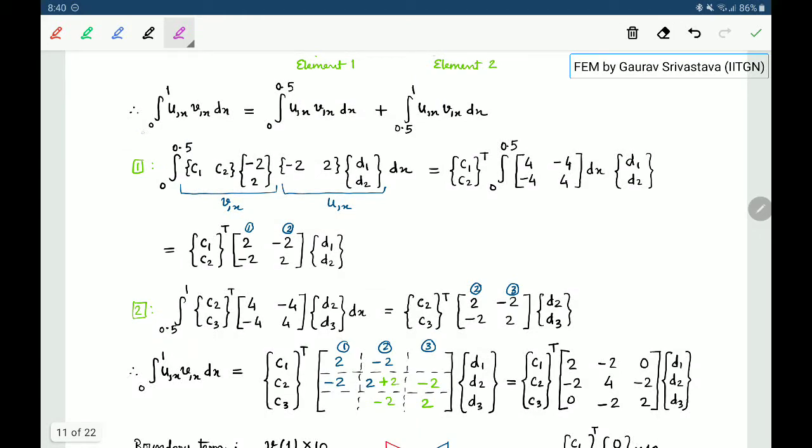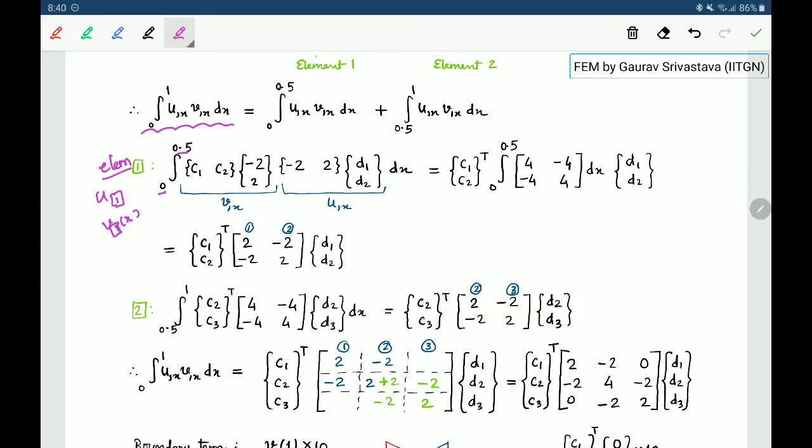Which means if we consider this term, that is now broken into this form. And for element 1, which is from 0 to 0.5, we will use the approximation of u1, which is the definition of u of x in the first element, and also the definition of v of x in the first element.